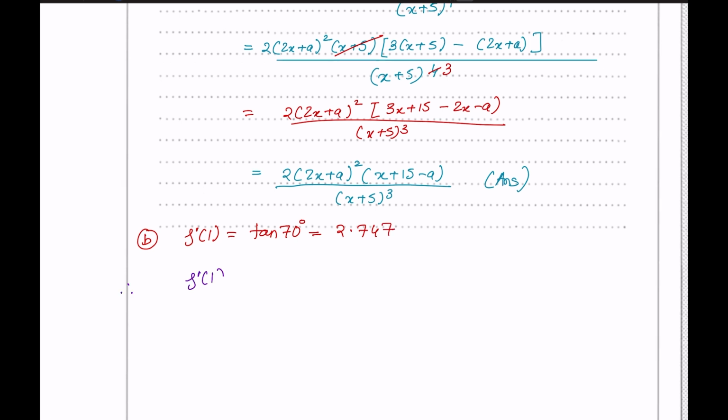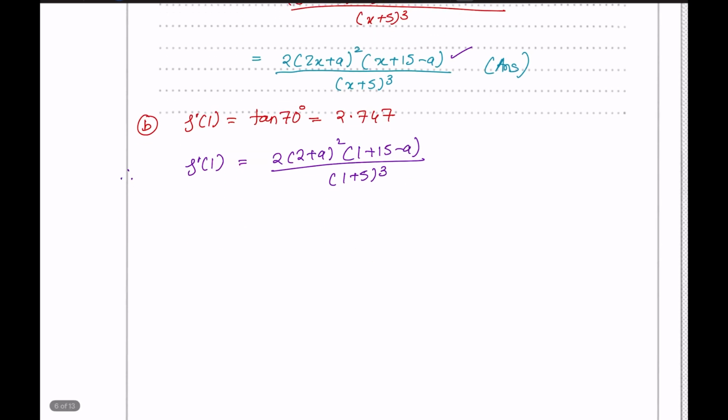Now, if I place 1 in this equation, I'll get 2 times 2 plus a whole squared, times 1 plus 15 minus a, divided by 1 plus 5 cubed. This becomes 2 times 2 plus a whole squared, times 14 minus a, divided by 6 cubed, which is 2.747. Now we just have to solve for the smallest value of a from here. If I simplify it a bit more, I'll get this.